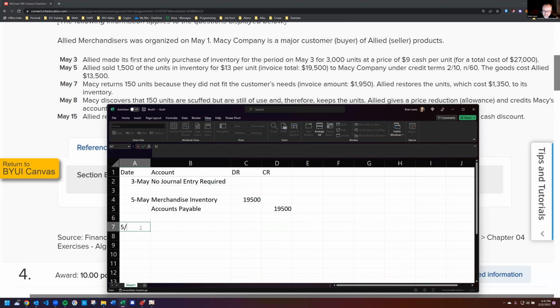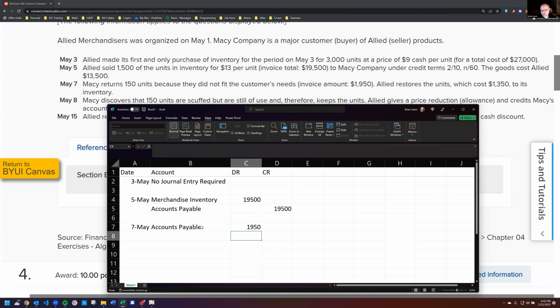Then on 5/7, Macy, which is the buyer, returns 150 units because it didn't fit the needs. And they give you the number here, 19,500. And we really don't care about Allied. All right, so that means that there's effectively a debit to accounts payable for the 19,500.